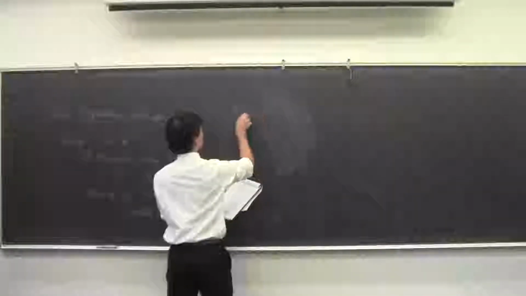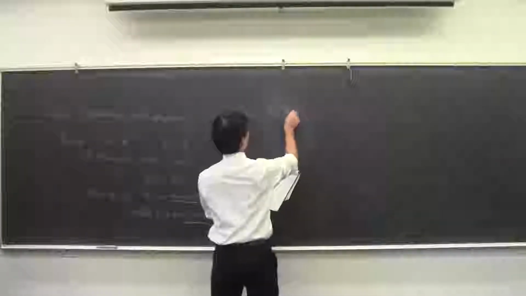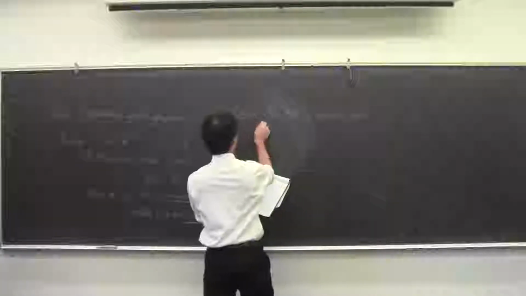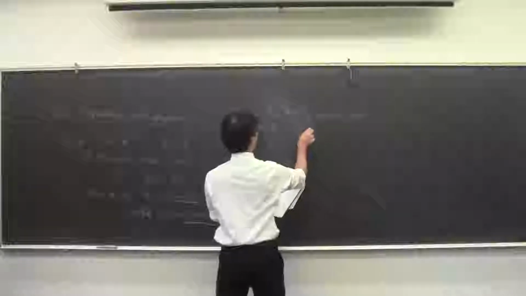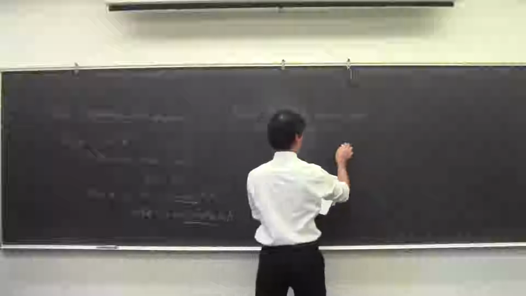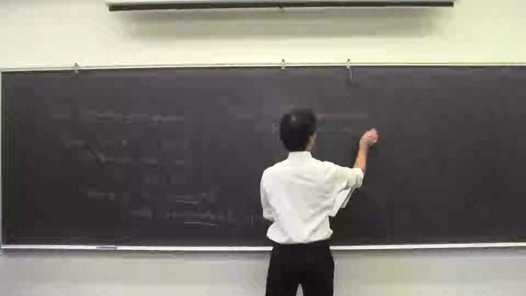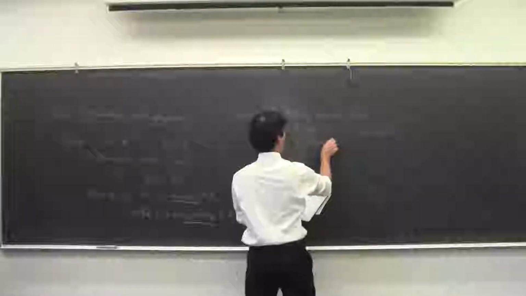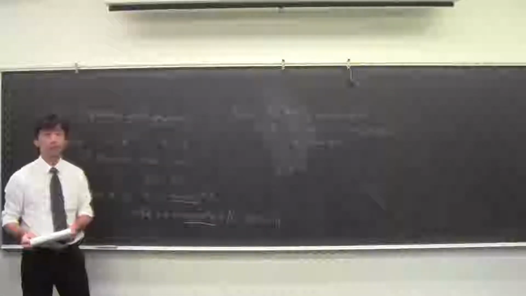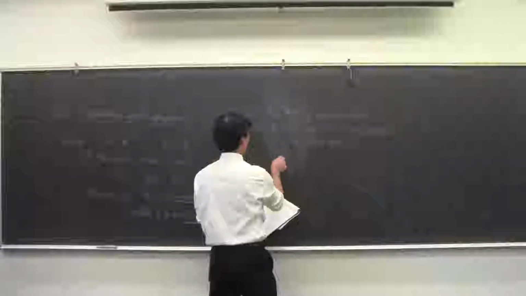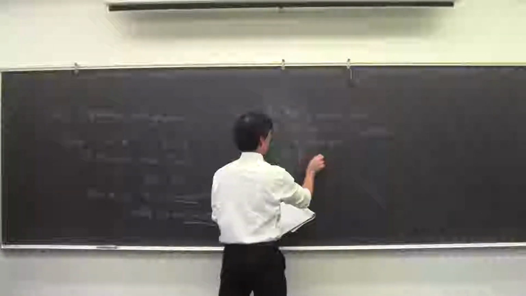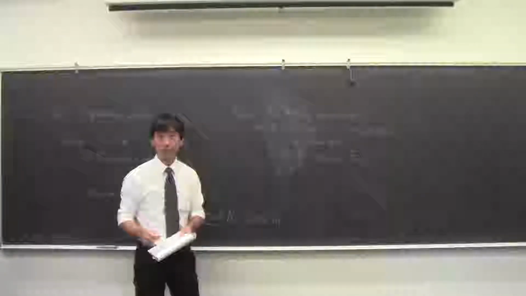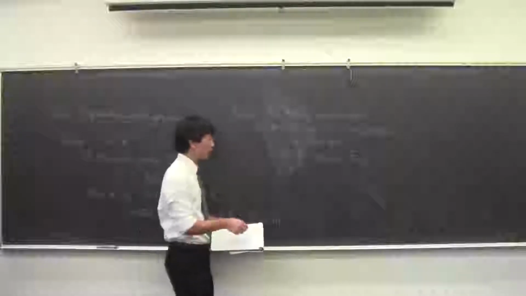Here's an exercise for you to think about. If lambda is an eigenvalue of A, then the set of eigenvectors corresponding to lambda is a subspace called the eigenspace, E sub lambda.